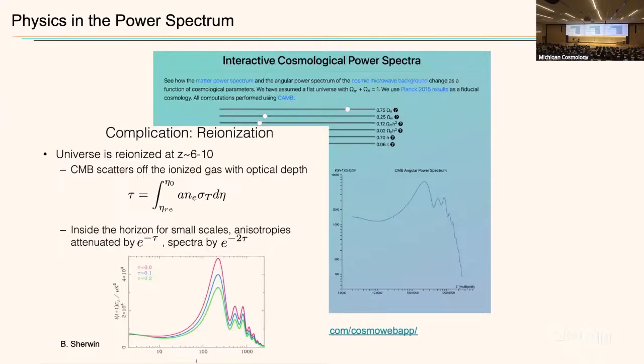We know that the universe was reionized at redshifts between 6 and 10, and CMB photons are scattered off of this ionized gas, with tau being the optical depth that involves an integration over this time period of the Thomson scattering cross-section and the number density of electrons. And what this means is anisotropies get attenuated by a factor of e to the minus tau, and we don't have a very good handle on what tau really is.